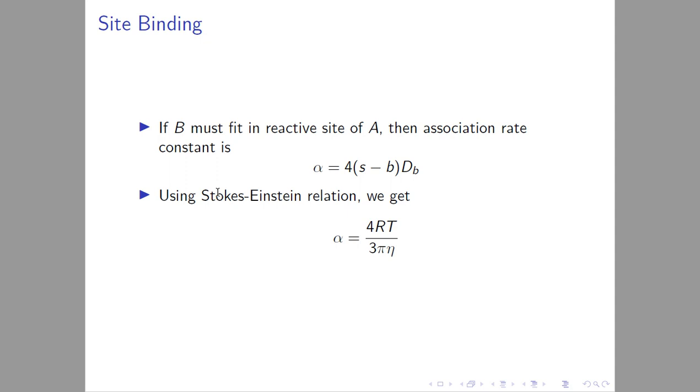So here we can also get alpha equal to 4 pi RT over 3 pi eta. This means we can find the association rate constant using this equation, with the temperature, again, and the viscosity of the solvent.